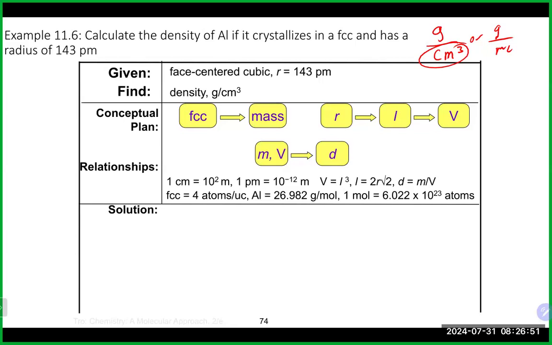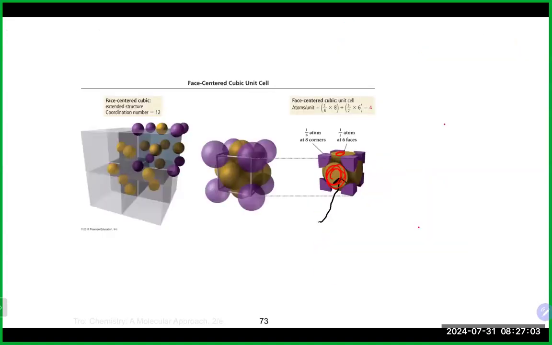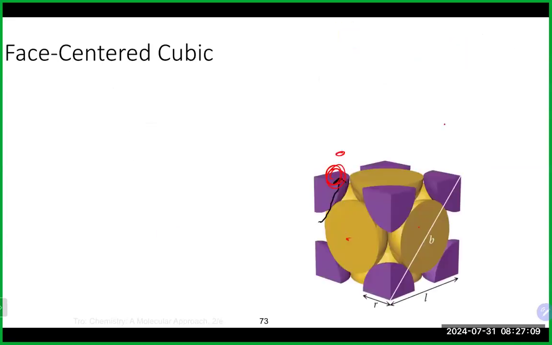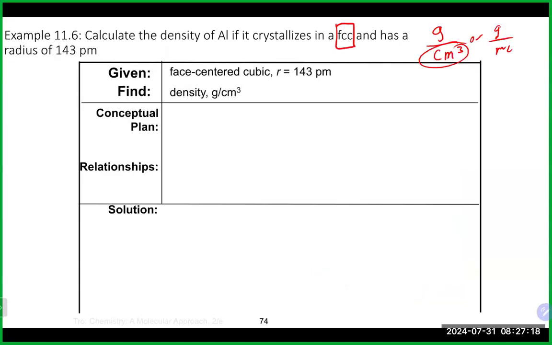So in this particular case, the important piece of information that's given to us is it is a face-centered cubic cell. So if we back up and take a look at our face-centered, which is this last one that we just looked at, we essentially have half an atom in each of the faces, and again, a whole atom at the corners.